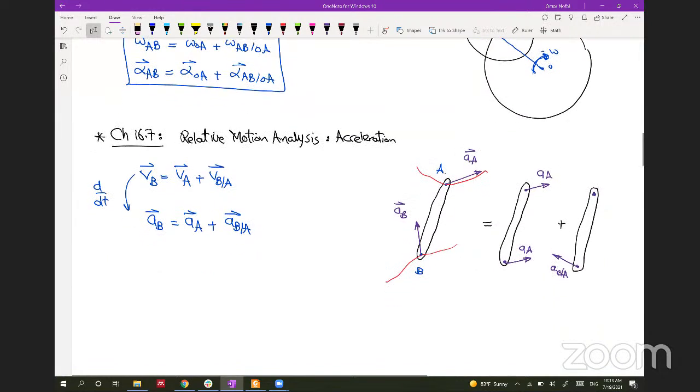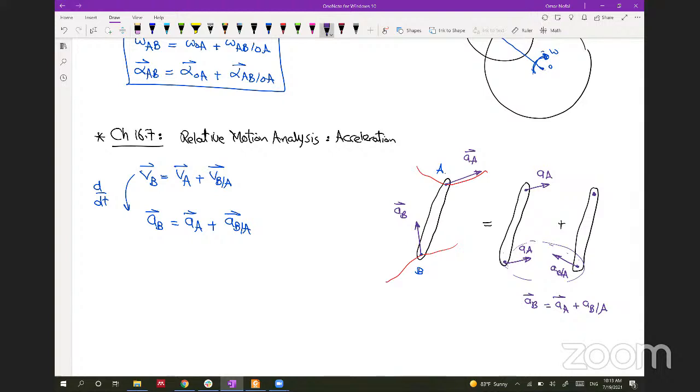Finally the sum of these gives AB equal to AA plus AB with respect to A. So this is what we did the last time.